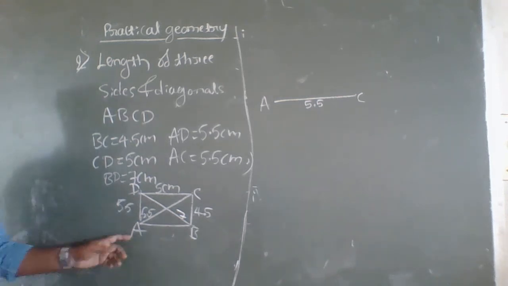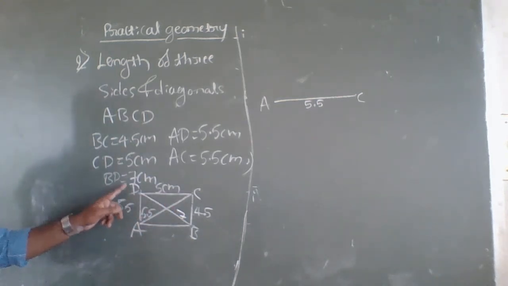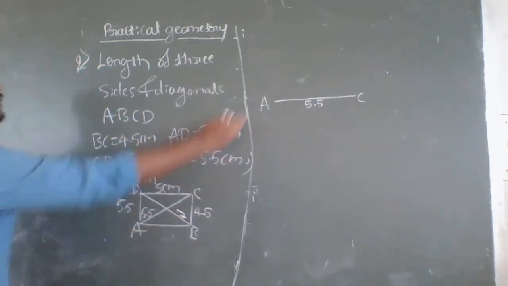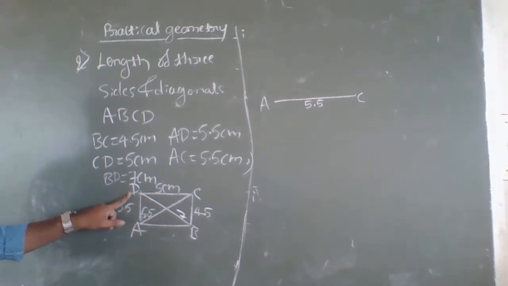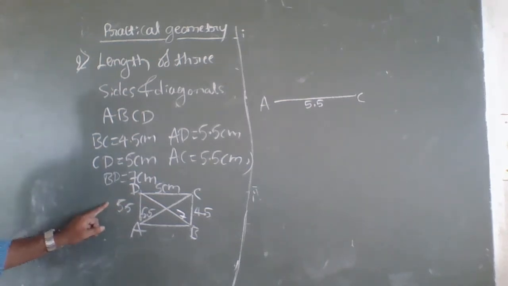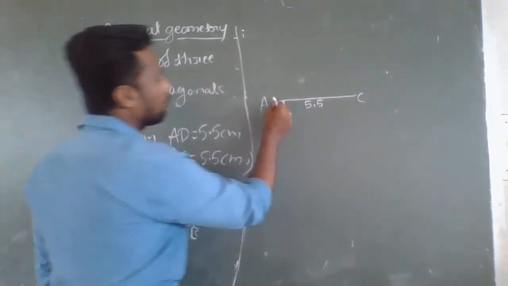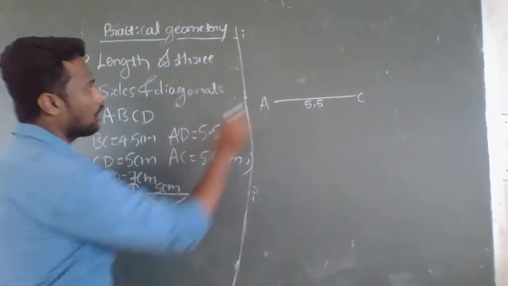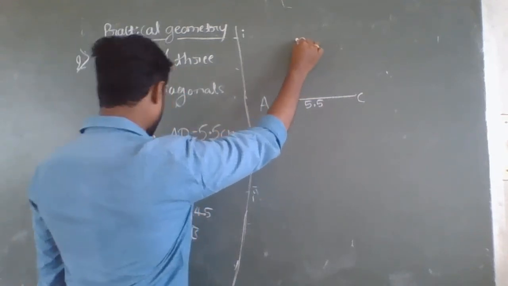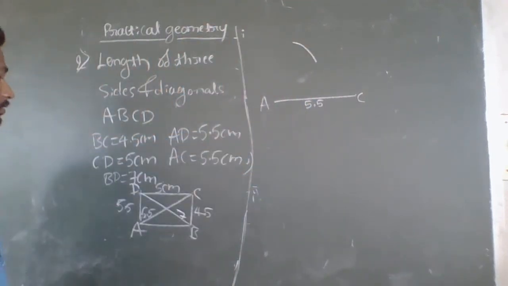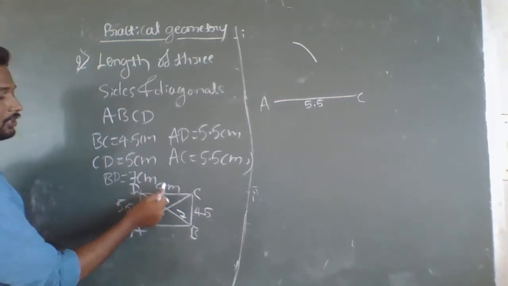Now from AC, I will consider D as the top point. D will come in the upper part of the line AC. So here D is 5.5 centimeters from point A. Consider a length of 5.5 centimeters in your compass, place the needle on point A and draw an arc of 5.5 centimeters. Like this only, CD is 5 centimeters.